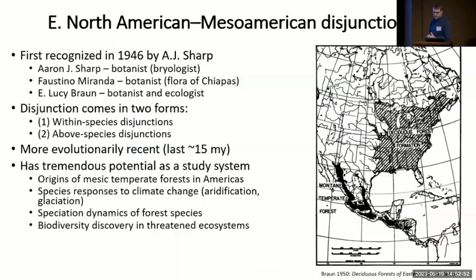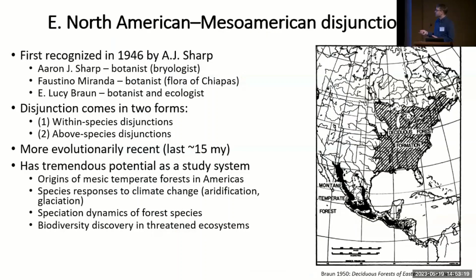This disjunction pattern was first recognized by Aaron Sharp in the 40s, based on field work that he did in Mexico with his collaborator, Faustino Miranda. The first documentation of this disjunction pattern was a BSA abstract of botany in 1946, and Sharp and Miranda went on to publish a landmark paper in 1950 about this disjunction pattern.